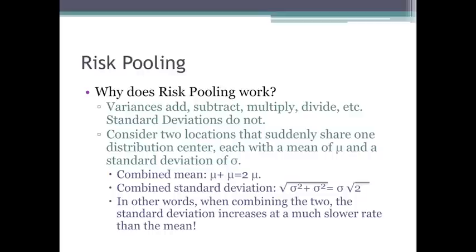The standard deviation increases at a slower rate than the mean. So because of this, if we pool locations, if we pool sources of demand, we effectively have a smaller combined standard deviation than if they were separate, and thus we need a smaller safety stock to serve this demand.